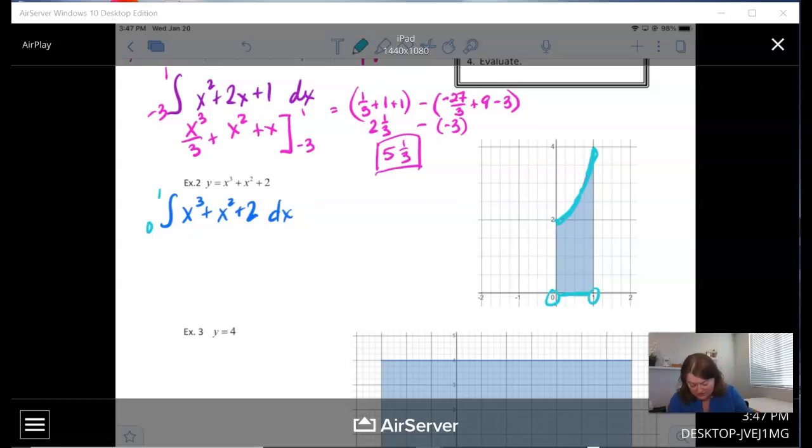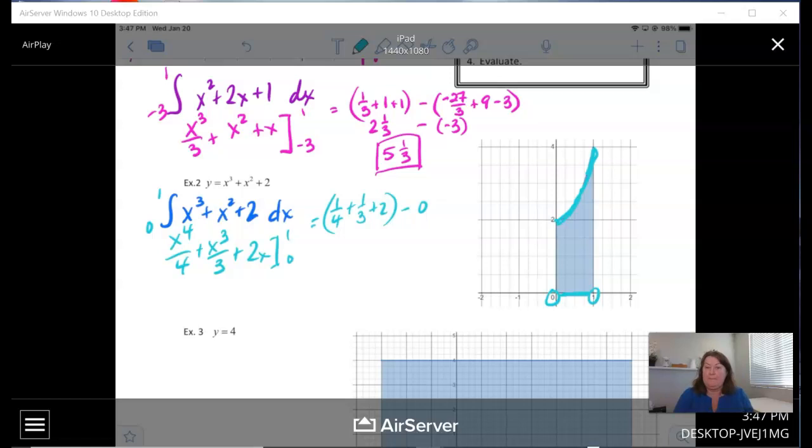Okay, so from here we just do our usual x to the 4th over 4 plus x to the 3rd over 3 plus 2x. Evaluate it between 1 and 0. So plugging in a 1 first, we'll have 1/4 plus 1/3 plus 2. And then we're going to subtract out 0.